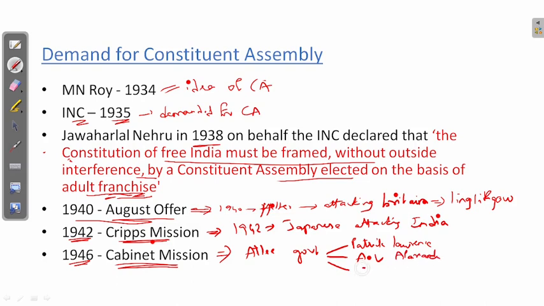Rejection of a full-fledged Pakistan, a federal structure for India, and princely states no longer to be under Britain. It rejected the idea of two constituent assemblies, but more or less it satisfied the Muslim League. The Muslim League accepted it, and with this Cabinet Mission Plan we got independence.